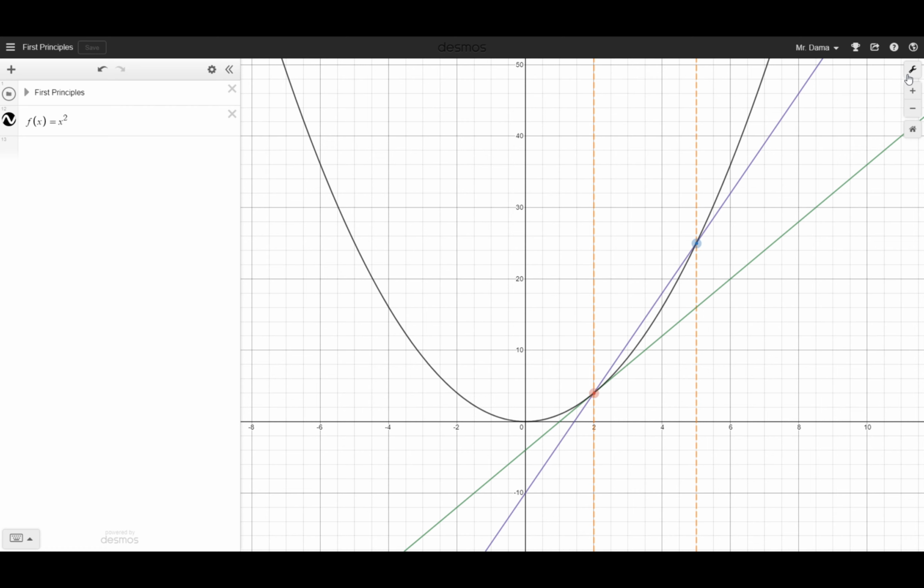What's happening to the gradient? What's happening to the purple line and the green line? If the green line is the gradient at the red point, if I move this blue point closer and closer to the red point, the green line and the purple line are becoming the same. So I'm getting a good approximation for the gradient at that point, the slope at that point that is tangential to that red dot.